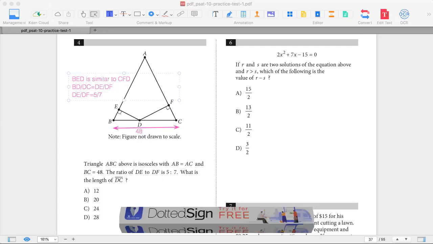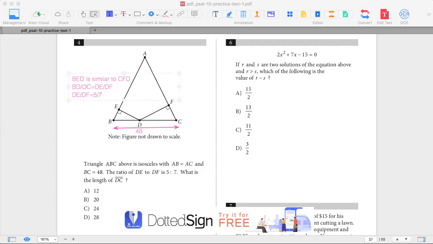Since they are all proportions, BD over DC is equal to 5 over 7.